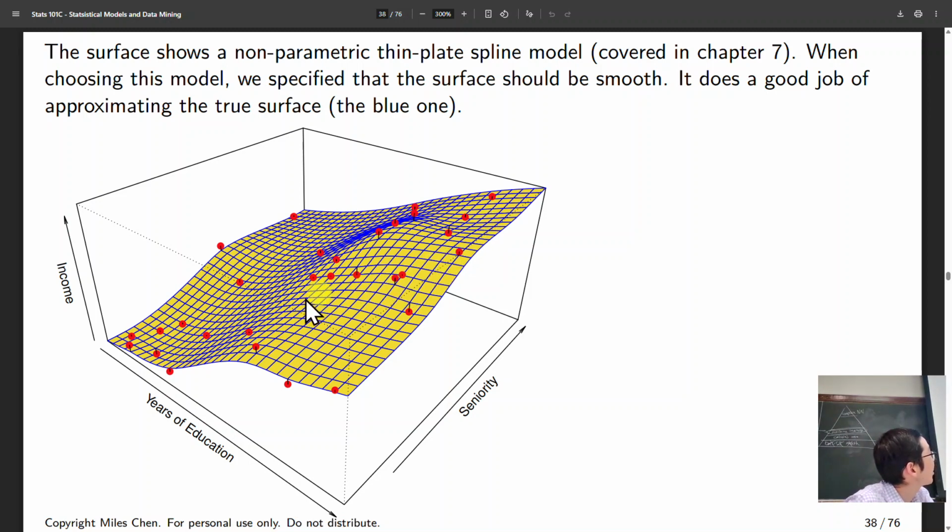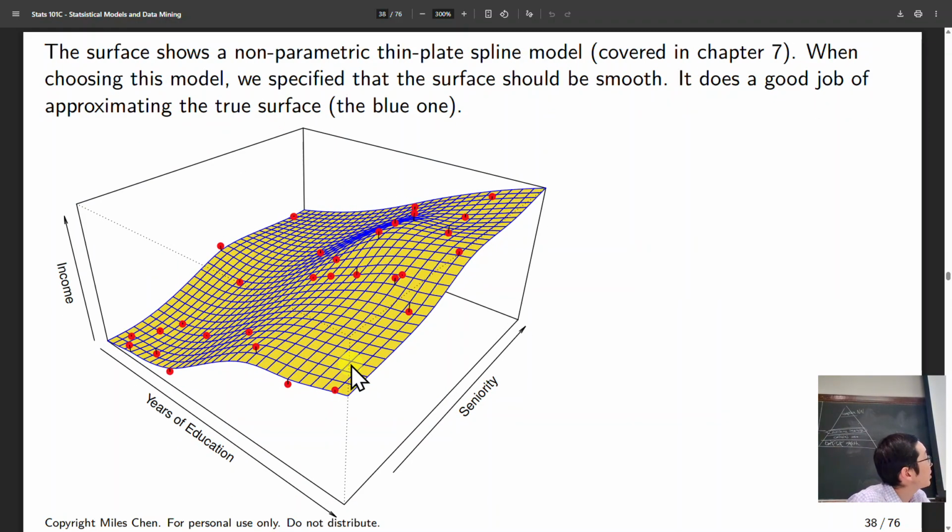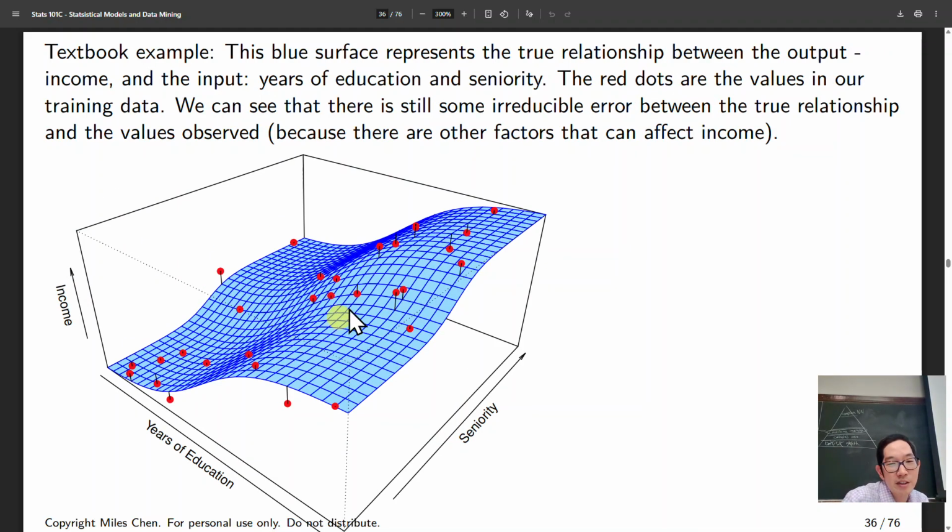So here it's trying to find a smooth surface that fits the red dots as much as it can, and this is what it gets. And as far as comparing the yellow surface to the blue surface, it does a pretty decent job, okay? But you get a few weird things, right? Like there's kind of a part where it goes up, as far as seniority goes, it goes up and then it starts to go down, okay? That kind of thing doesn't exist in the actual relationship, the blue surface.